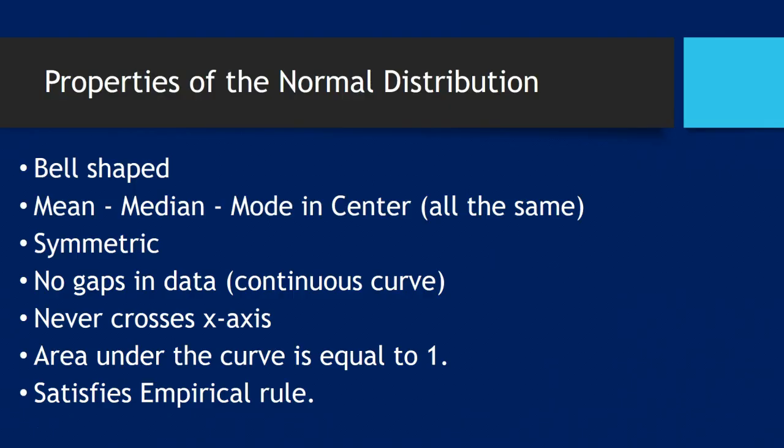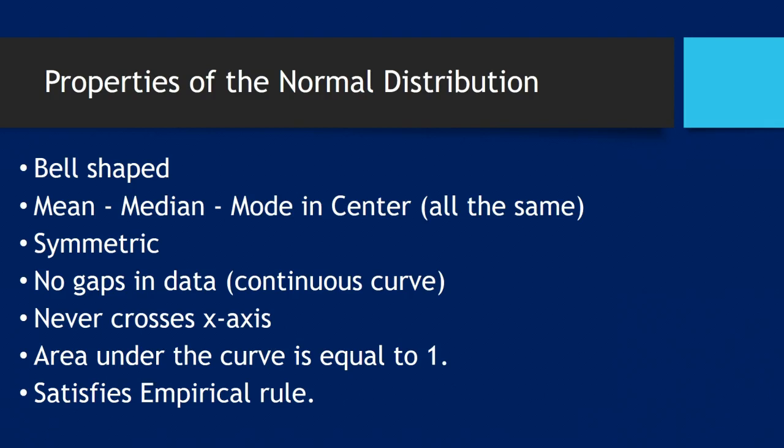So since the area under the curve is giving me a probability, well, that means the total area under the curve has to add up to 1 because the total probability has to be 100%. And this never crossing the x-axis, basically that just means all of my probabilities have to be positive.